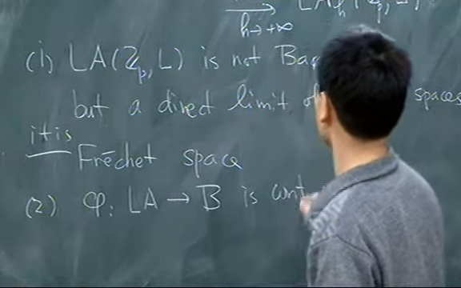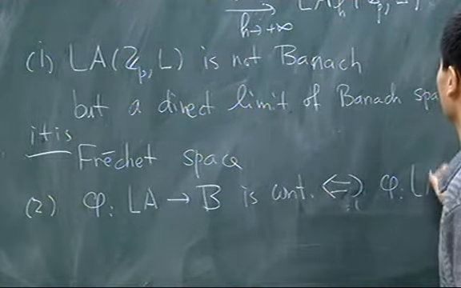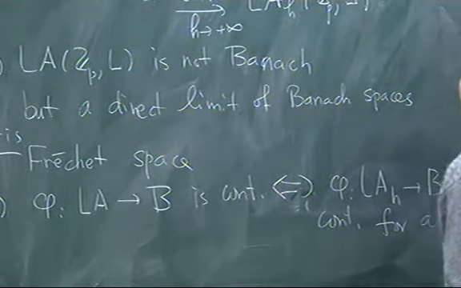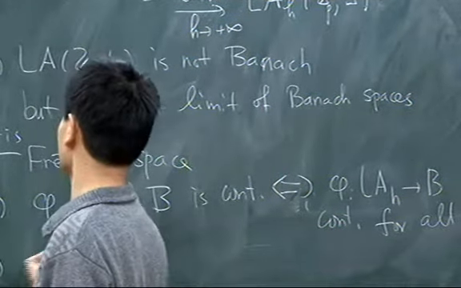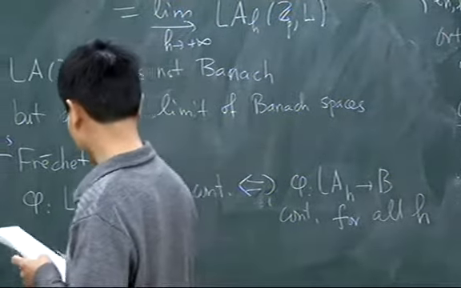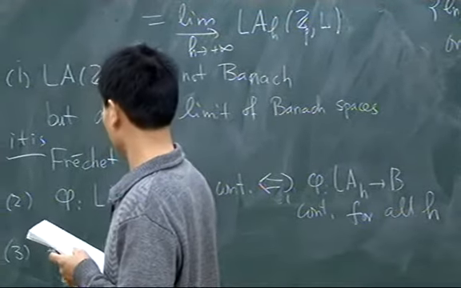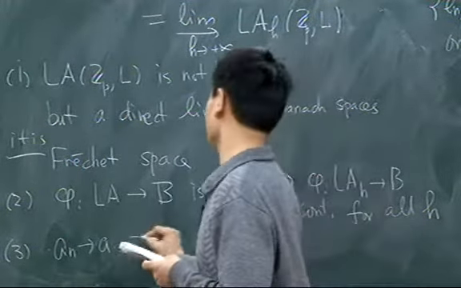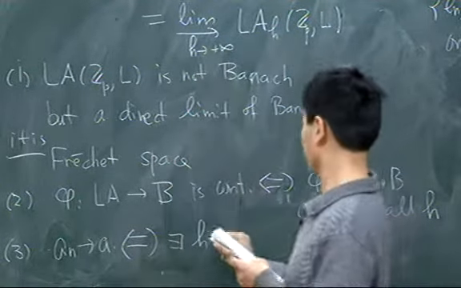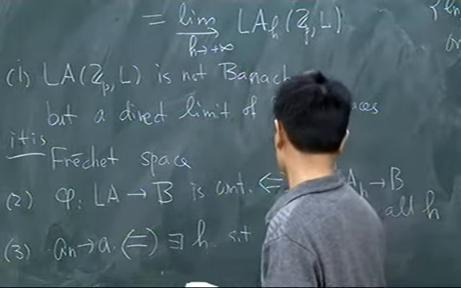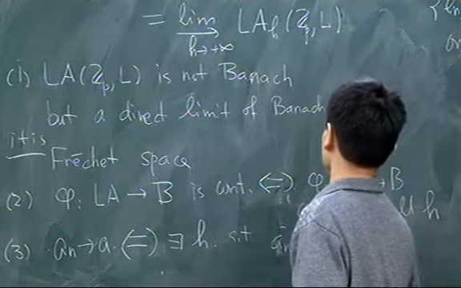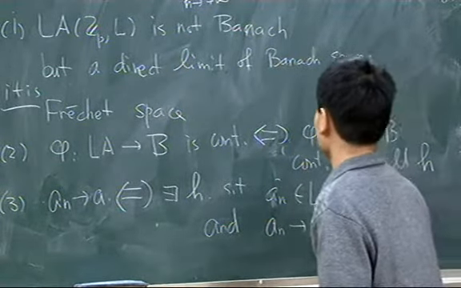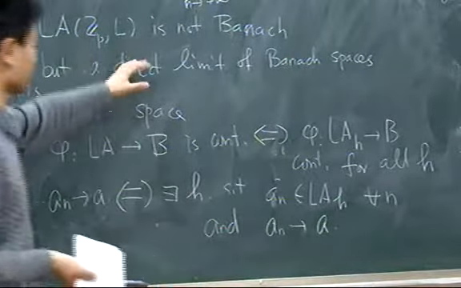What this means is phi restricted to LAH to B is continuous for all H. So we also have what FN is. If FN goes to A, that means there exists H such that FN, AN is contained in LAH, and AN for all N goes to A. So this is the definition of this Fréchet space.